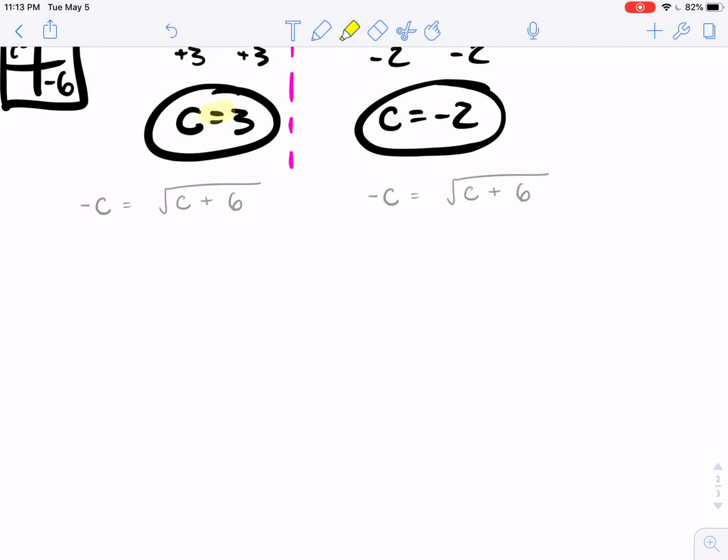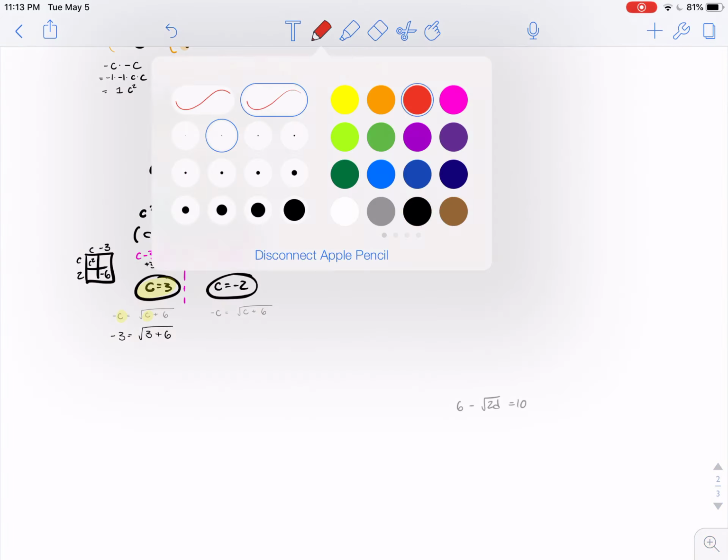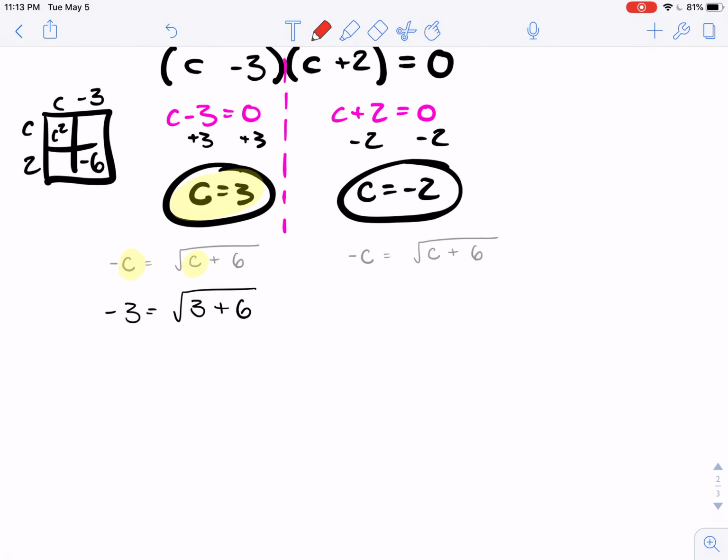Okay, so we're going to start out with c is equal to 3. Is it true that negative 3 is equal to the square root of 3 plus 6? Well, I can tell you right now, a square root is not negative, so no, it is extraneous.